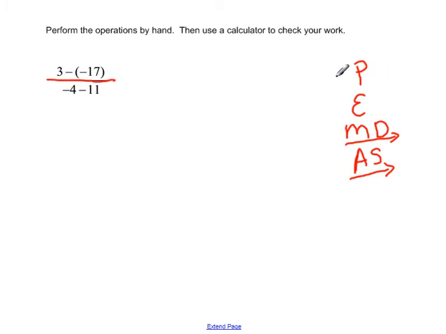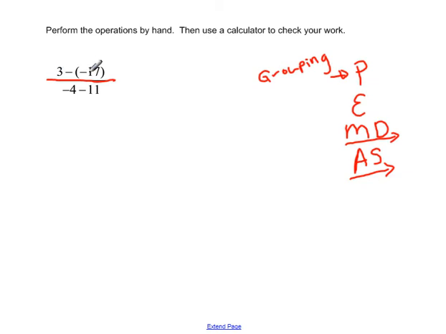So that also is part of this P, because that P for parentheses stands for any kind of grouping symbols. And that fraction bar groups the numerator together and groups the denominator together. So we're going to simplify the numerator and we're going to simplify the denominator. Then we're going to come back and do the division stuff that fraction bar is indicating.